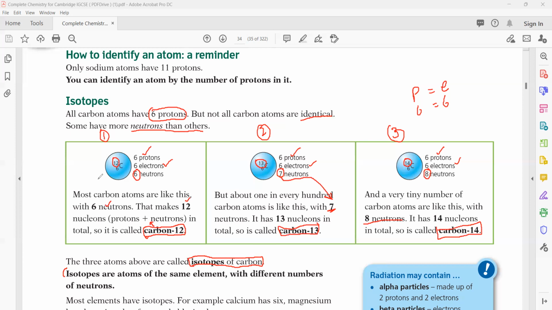Element is same. Why? Here is carbon, here is carbon, here is carbon. So same element, but different number of neutrons. Here number of neutrons 6, here 7, here 8. So these are called isotopes.